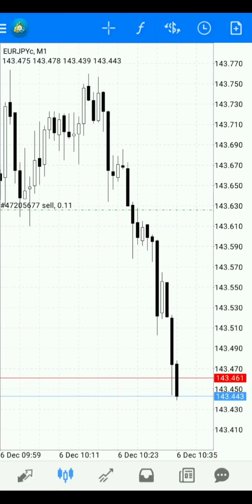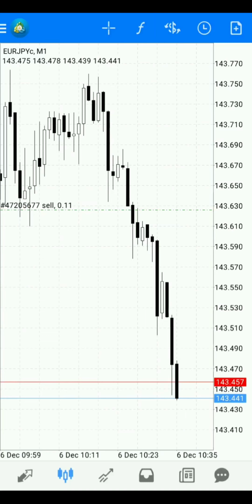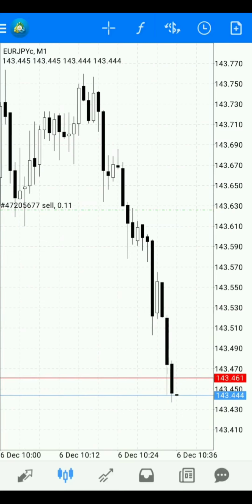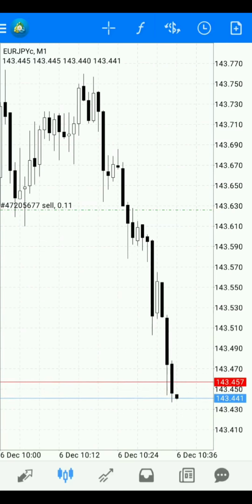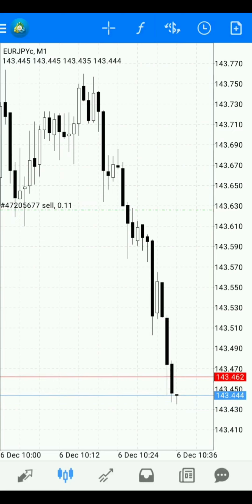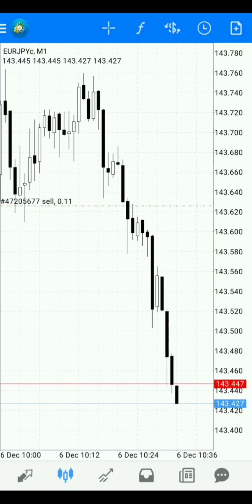The A leg trends in one direction, and then the B leg is a small trend in the opposite direction. By a small trend, I mean a few candles. I do not mean a huge trend, it's just the way I say it. And the C leg is the movement in the very first direction.